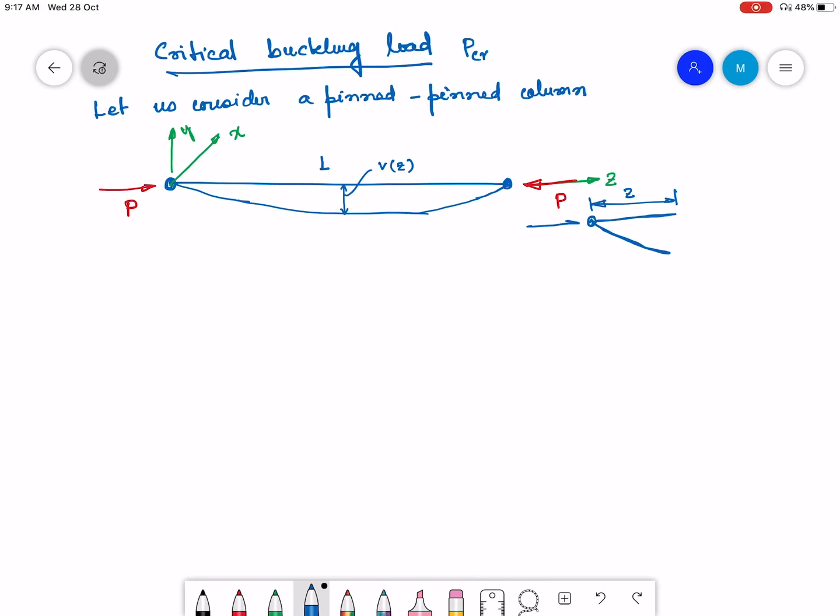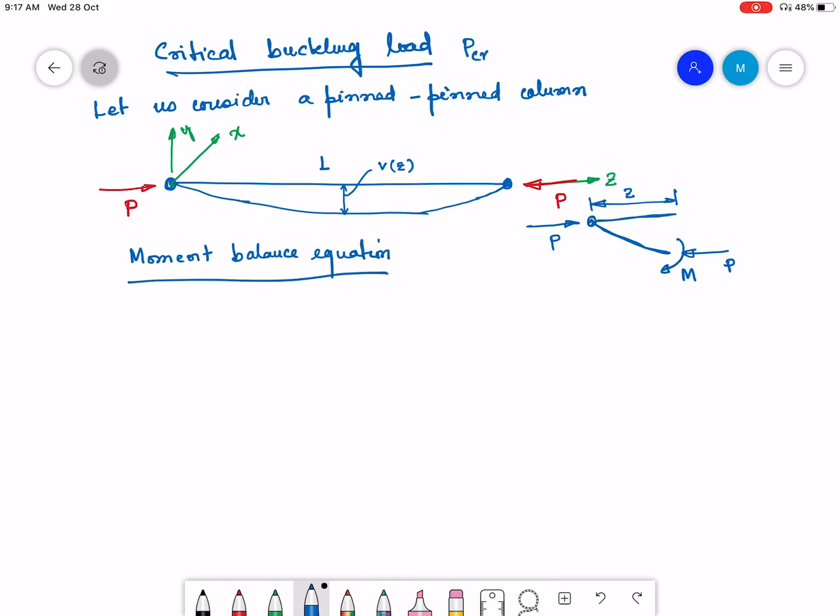So this is P, this is going to be P, and this is the moment M. From the moment balance equation, what do we get?